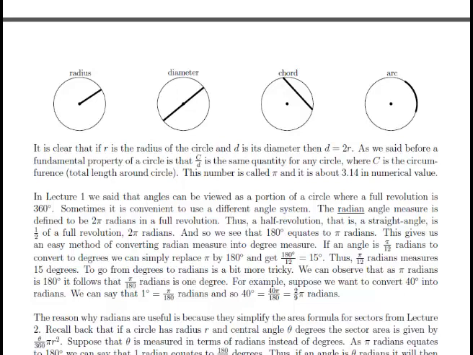Pi is defined as the ratio of a circle's circumference to its diameter. So in this diagram, if the diameter is 1, then the circumference is pi, which is about 3.14159. Very important ratio, as you can imagine, whenever anything is being designed.